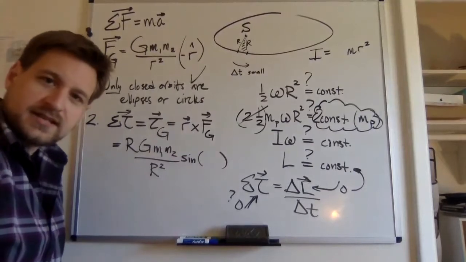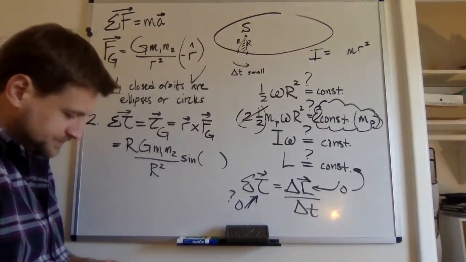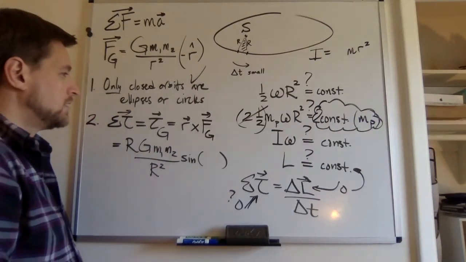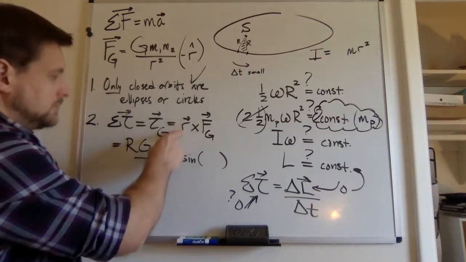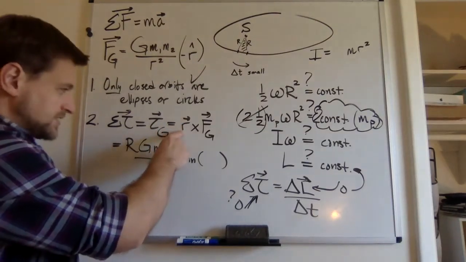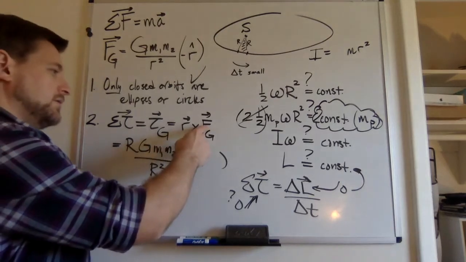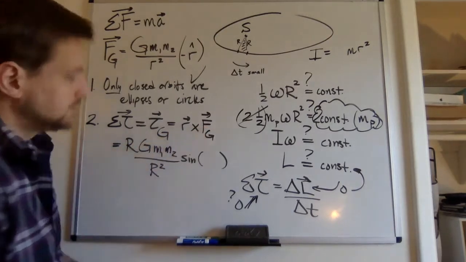But what is the sine of the angle between the radius direction and the gravitation direction?